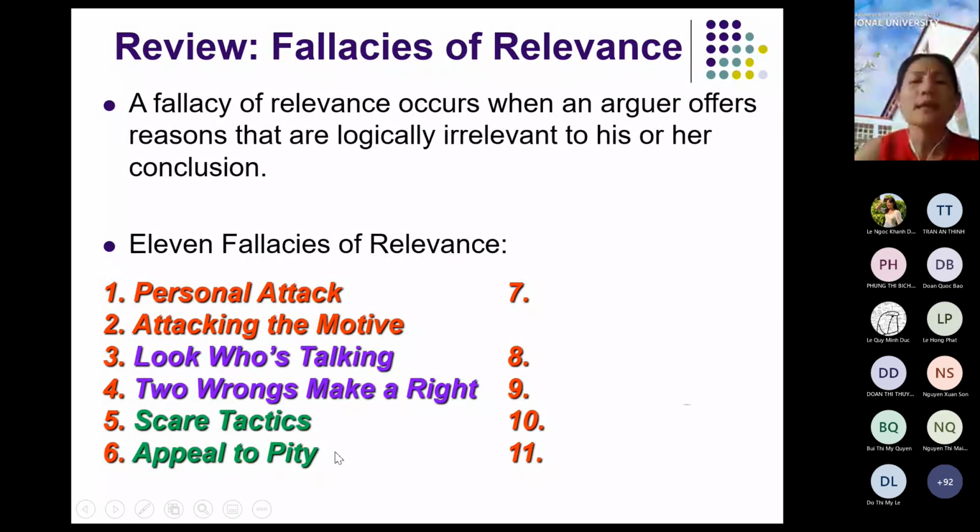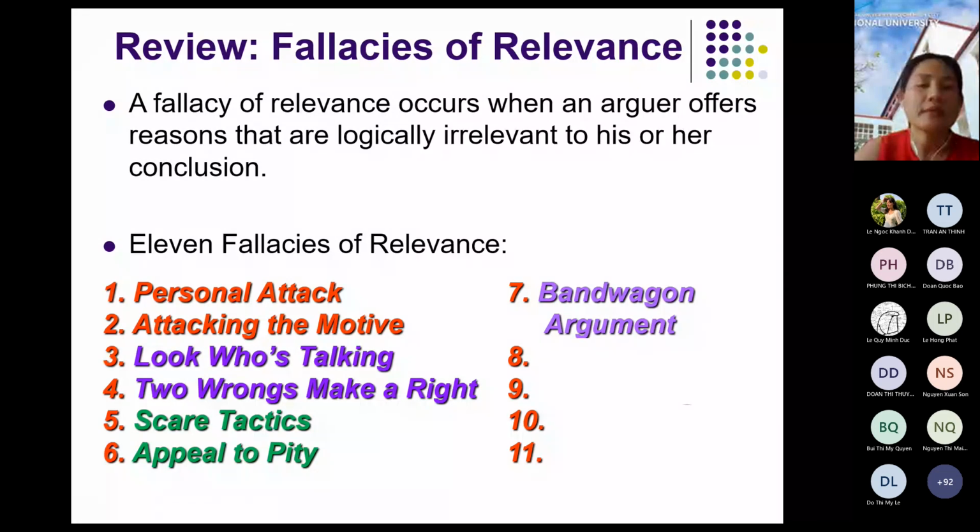Then, as I mentioned, number 7 is similar to number 4, but different. Number 7 is the bandwagon argument policy. Sometimes it is okay as an argument, but in most cases it is fallacious because we don't have a reason to do or not to do something.